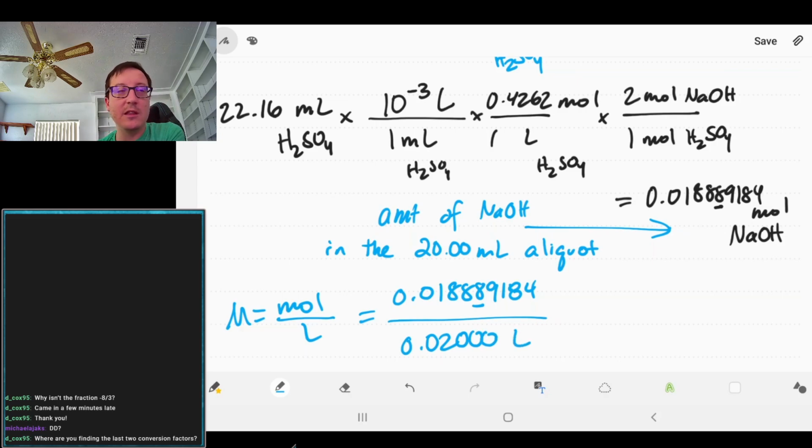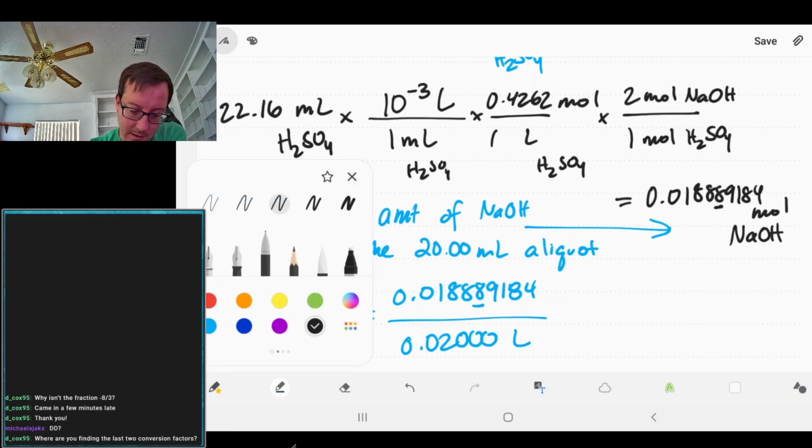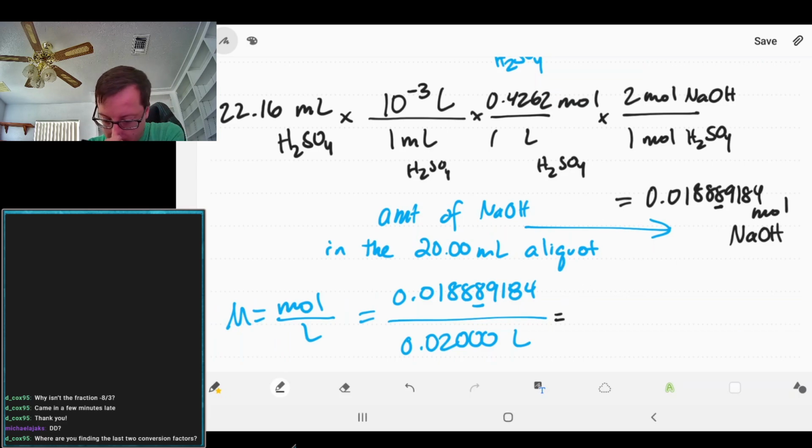Again, I'm just doing that milliliters to liters, something you should be at this point able to do in your heads, I would hope. Or at least use your calculator. 20 mils is 0.02 liters, so just keeping the same sig figs. So with that, we do this, we get 0.94444592. Both of our numbers had 4 sig figs that we're dividing here.